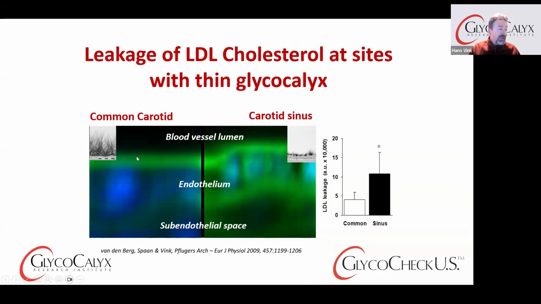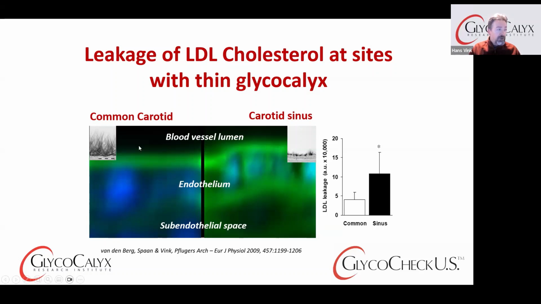On the left-hand side is a healthy vessel with a thick glycocalyx. Blood is flowing on top in the black area, and we injected green labeled LDL cholesterol to see if the cholesterol can leak into the vessel wall and start causing atherosclerosis. Now at sites with a thick glycocalyx, all the cholesterol is stuck in the glycocalyx, and the blue dot is the endothelium, so where the vessel wall starts.